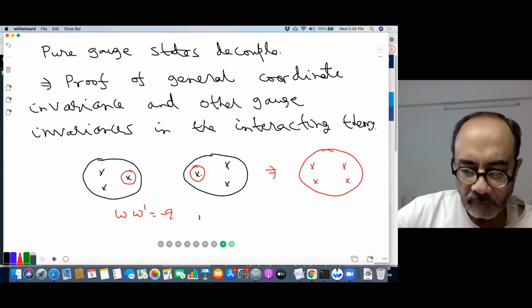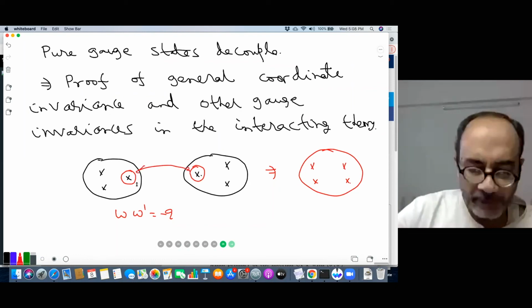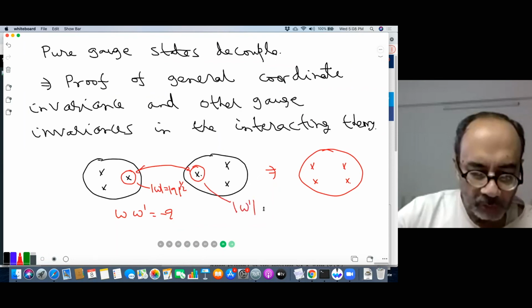But the Q goes to 0 limit is somewhat singular. Because you see, you are identifying these. And this corresponds to mod W equal to mod Q to the half. And this corresponds to mod W prime equal to mod Q to the half.